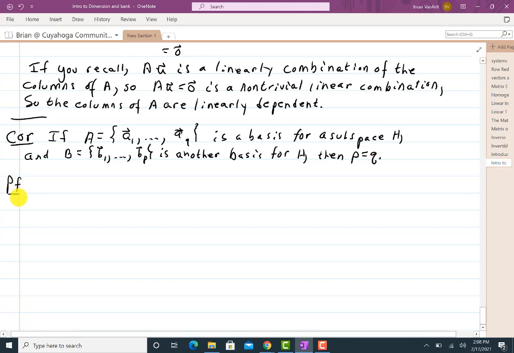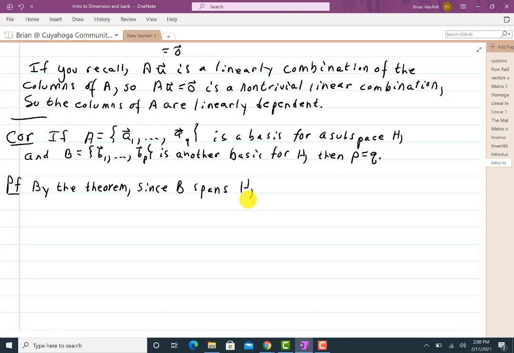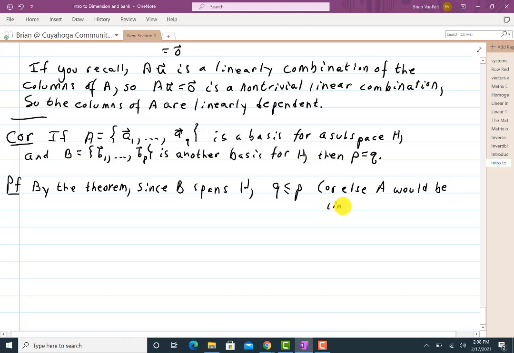Let's prove this one by the theorem. Since B spans H, q has to be less than or equal to p, or else A would be linearly dependent.